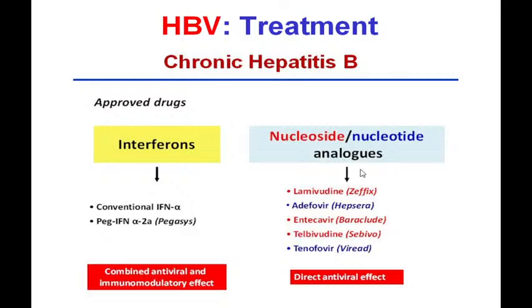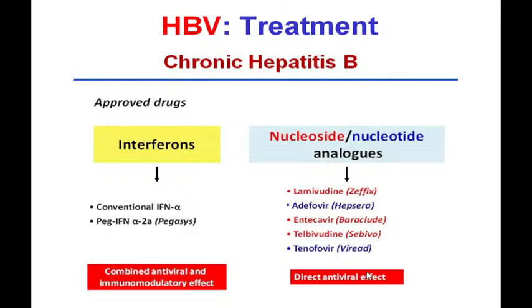What kind of treatment? Interferon treatment, these approved drugs, the conventional and pegylated ones. They are used in combined antiviral therapy and have immunomodulating effects. And also nucleoside analogs that affect the reverse transcriptase; these are reverse transcriptase inhibitors.